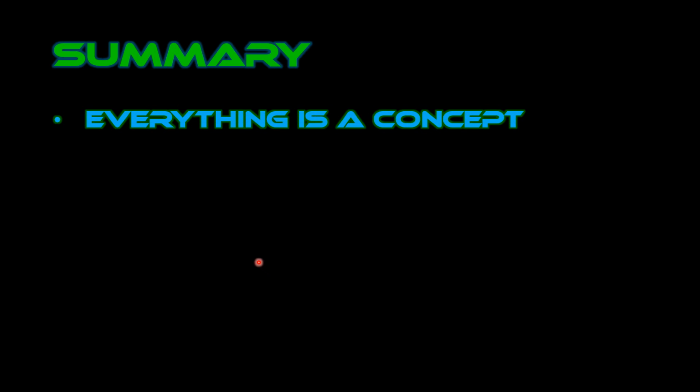So, what summary can you get from this video, if any? First, everything is a concept, right? The information that's coming in is a concept. How that information is coming in is a concept.